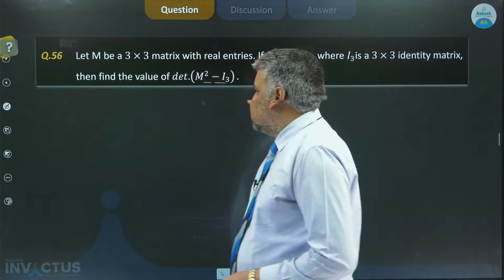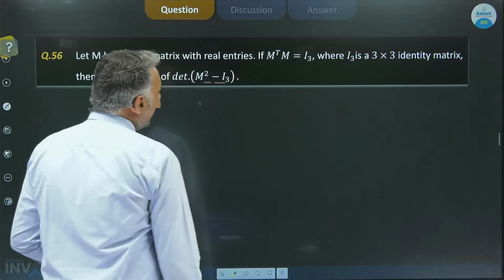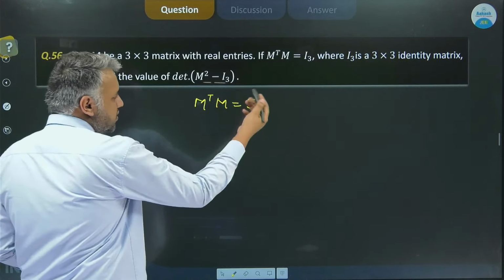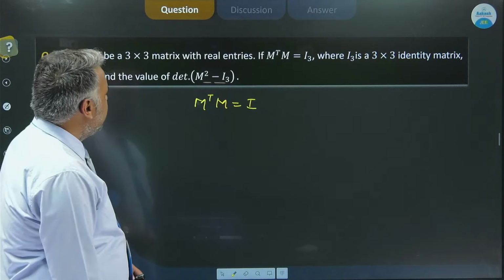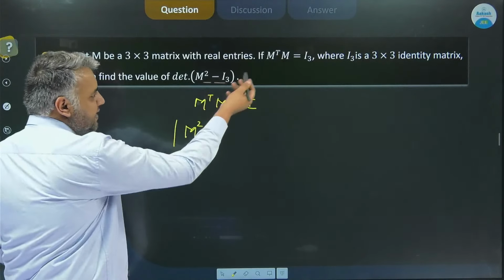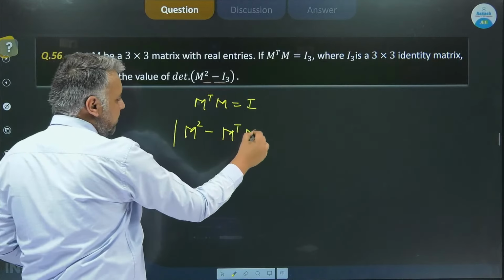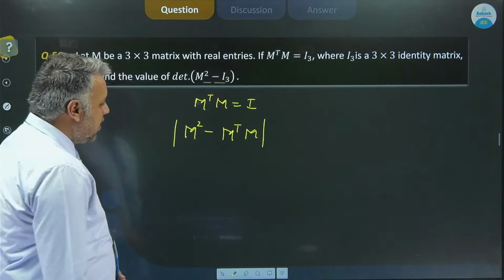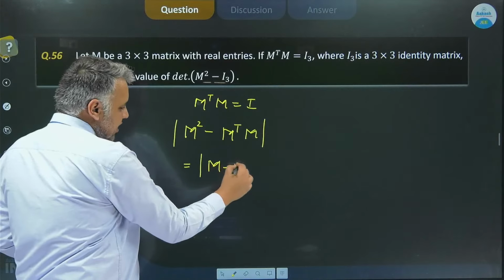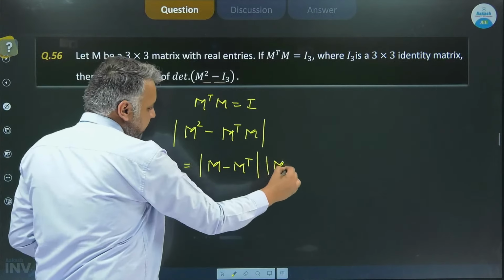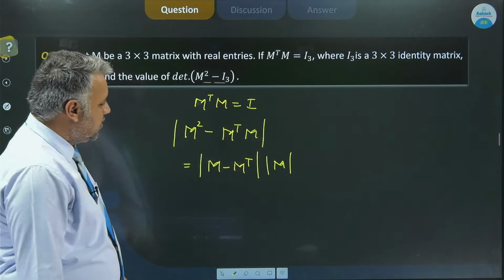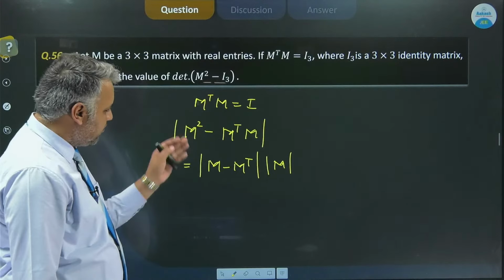Okay, next question. There is a 3x3 matrix with real entries, and given that M transpose into M is identity matrix of order 3, we have to find the value of determinant of M square minus I3. What is I3? I3 is M transpose into M. We can replace it. Now, this can be expressed as determinant of M minus M transpose into determinant of M, taking M common from both.